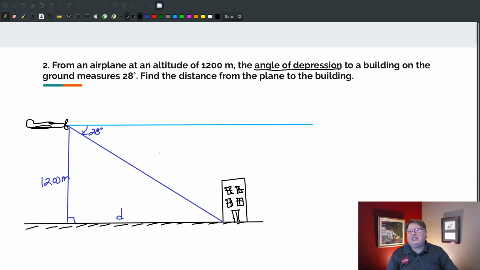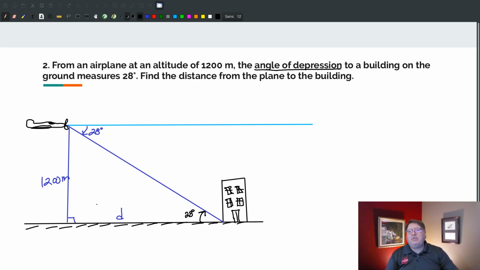If that's the case, then the diagonal from the plane to the building is a transversal cut across two parallel lines, which means this 28 degree angle of depression is the same as an angle of elevation measured from the building to the plane. That's the interesting thing about angles of depression and elevation. Depending on which point you're at, one could be seen as an angle of depression and the other as an angle of elevation, looking back at the other object.